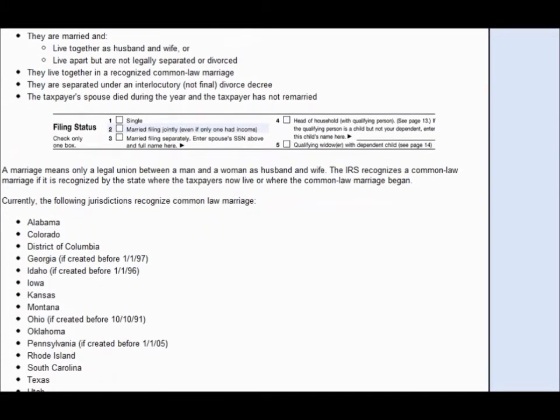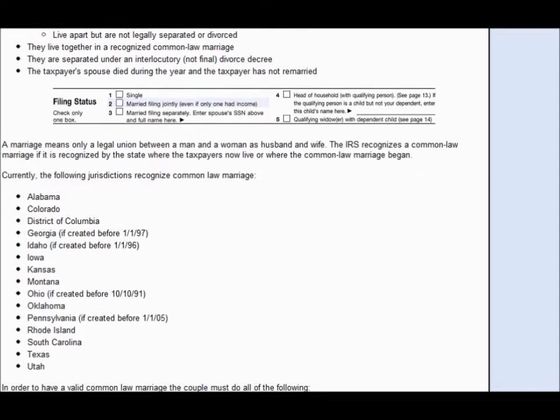Notice, the definition of marriage only means a legal union between a man and woman as husband and wife. As of now, the IRS recognizes a common law marriage if it is recognized by the state where the taxpayer now lives or where the common law marriage began.